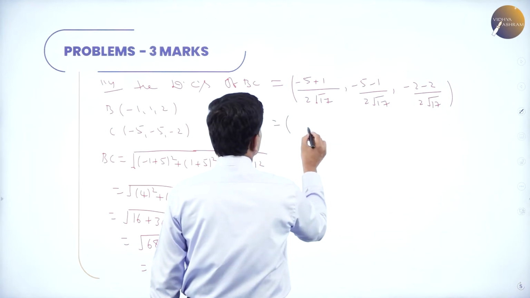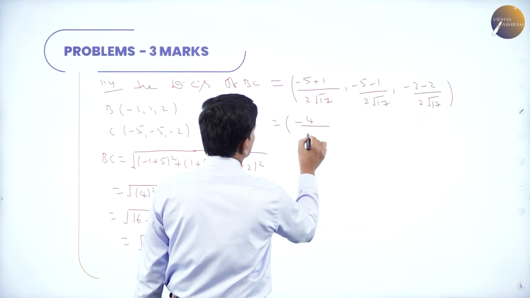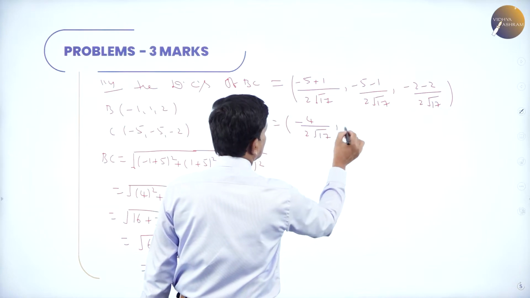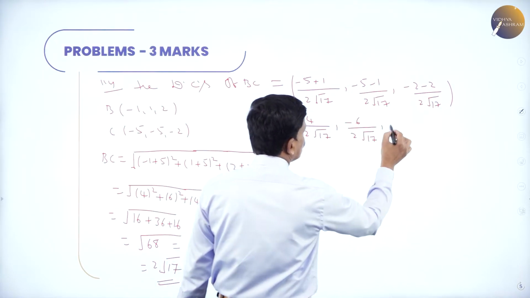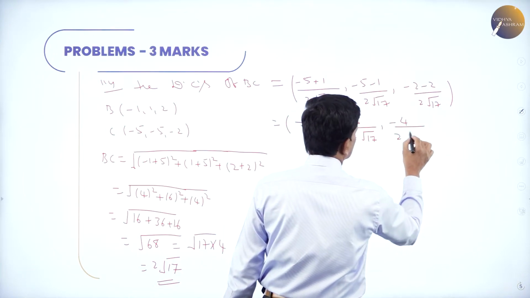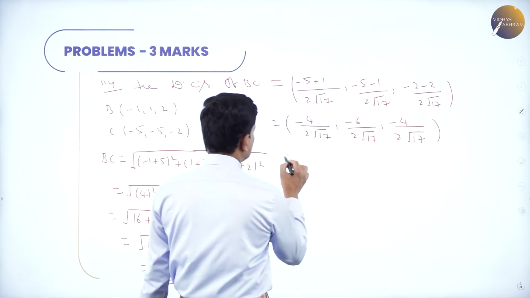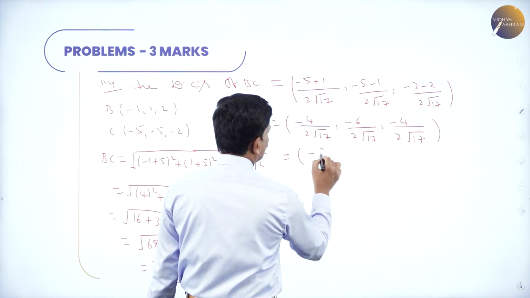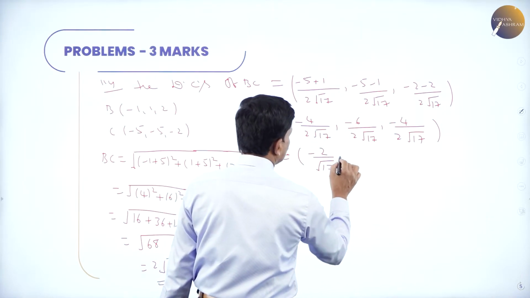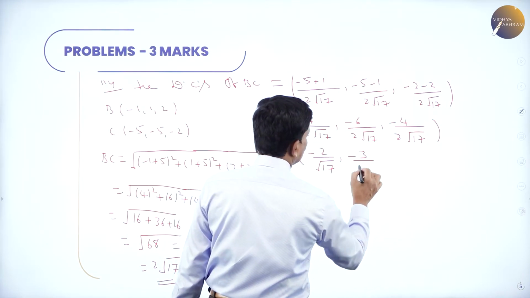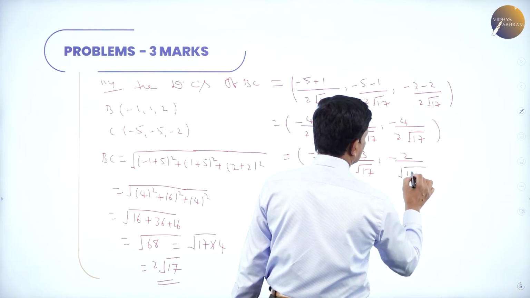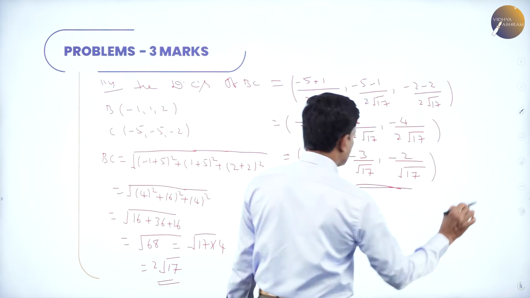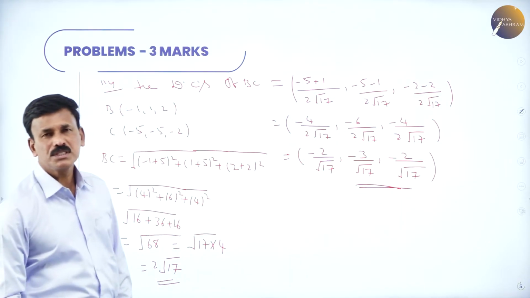So this is equal to minus 4 by 2 root 17, minus 6 by 2 root 17, minus 4 by 2 root 17. This is equal to minus 2 by root 17, minus 3 by root 17, and minus 2 by root 17. So these are the direction cosines of the line BC.